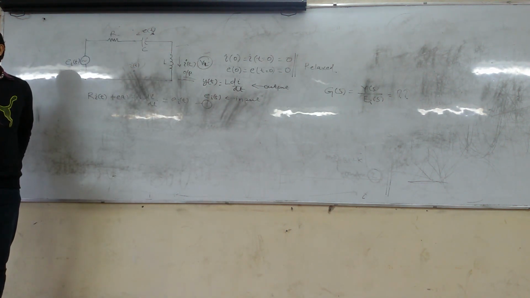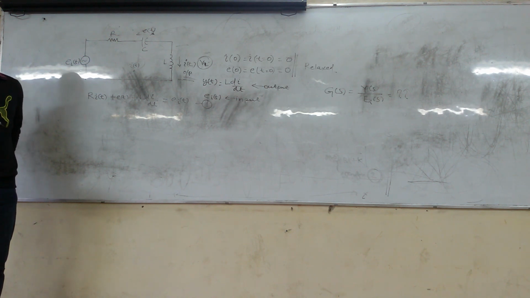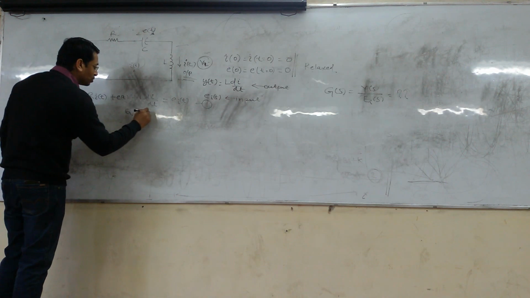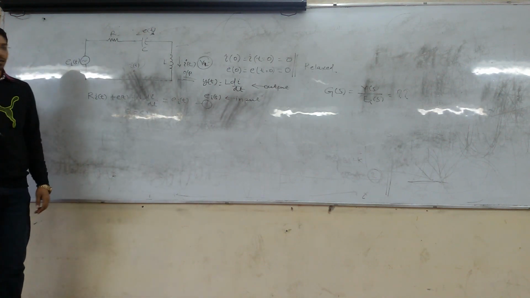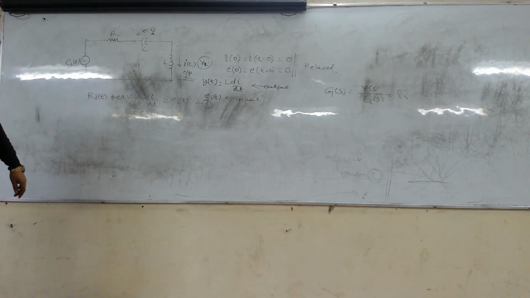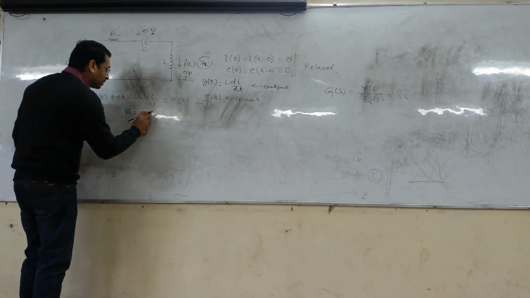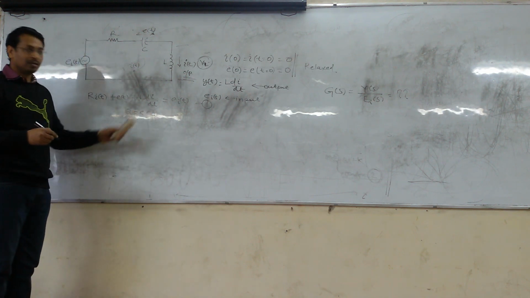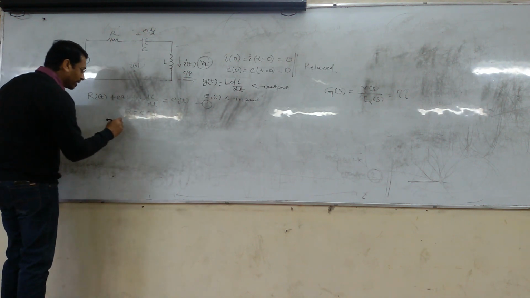From the basic knowledge of your class 12 electrical physics, you can say that Q is equal to CV. V means voltage across the capacitor, so here it is e(t). So I am going to write C into e(t). Now differentiate this equation both sides. What you will get?